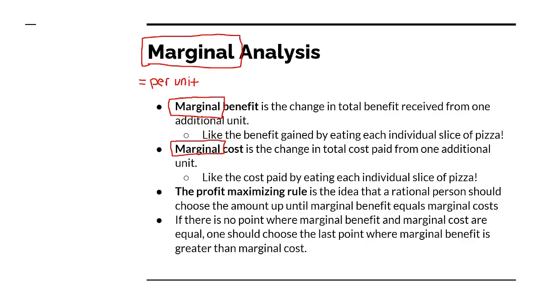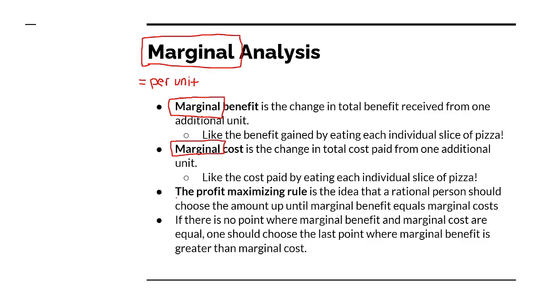So, marginal benefit is a benefit gained from eating each individual slice of pizza, and the marginal cost is the cost of eating each individual slice of pizza. And this will make more sense as we work through this with some examples. We talk about per unit consumption of resources or use of resources.